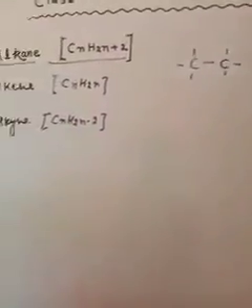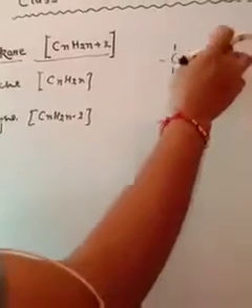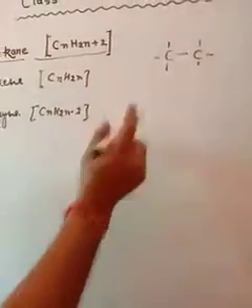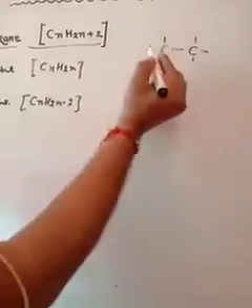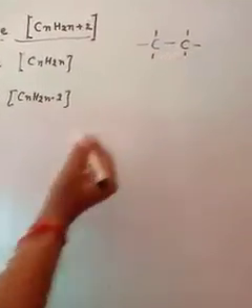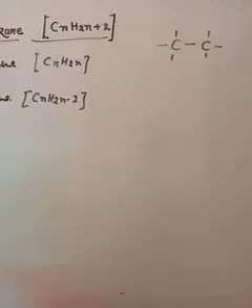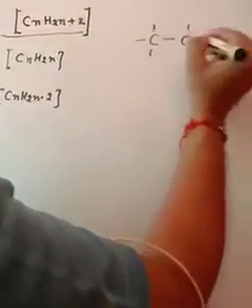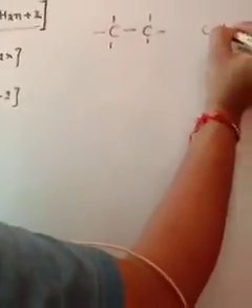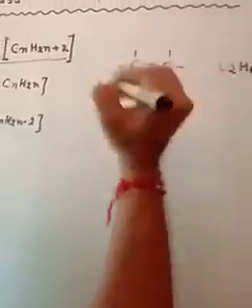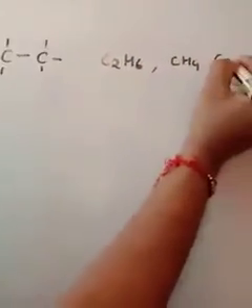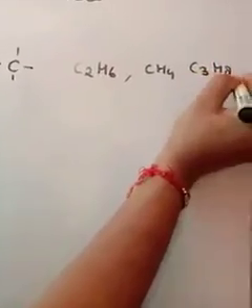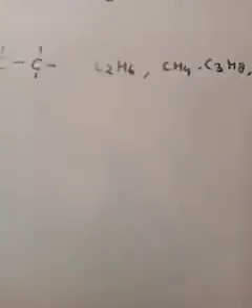You are watching here, all 4 valencies of carbon are satisfied by single bonds. And the formulas C2H6 or CH4 or C3H8, these all belong to the alkane.